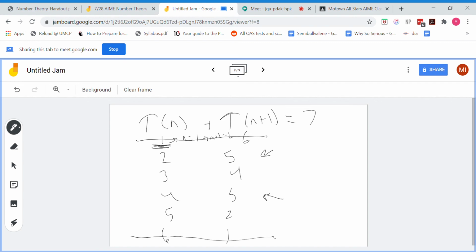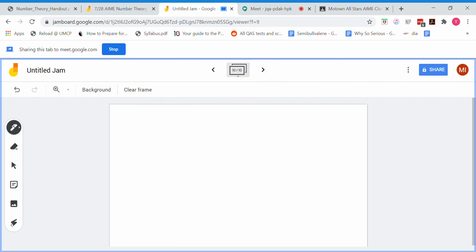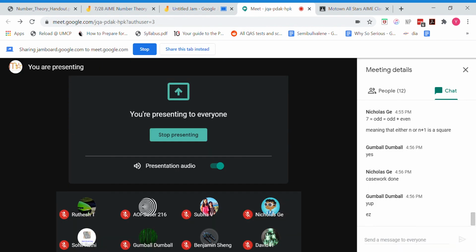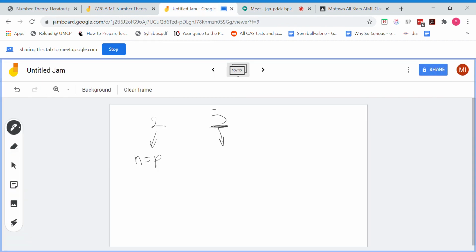So we're left with these cases right here. Let's consider the first case, tau of n equals 2 and tau of n plus 1 equals 5. So n is a prime number, right? And 5 is odd, and the only numbers which have an odd number of divisors are perfect squares, so n plus 1 equals m squared.